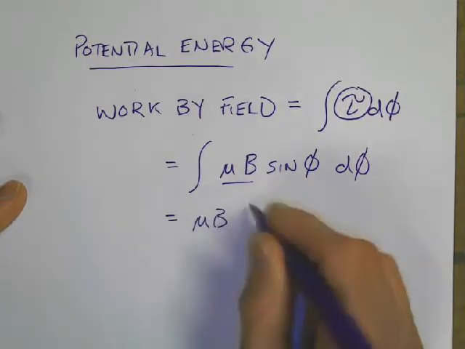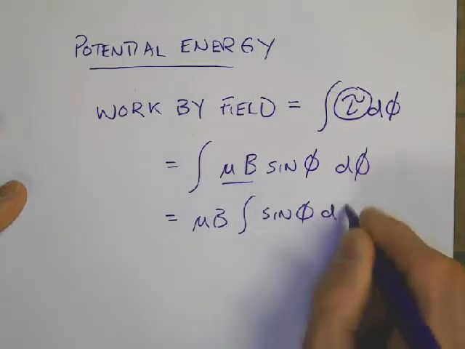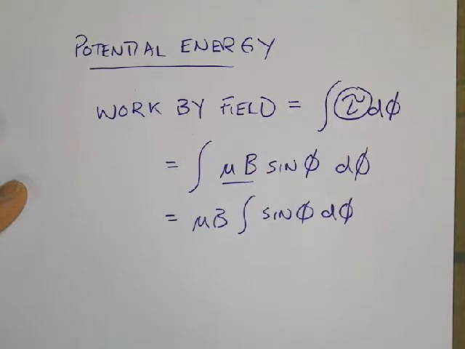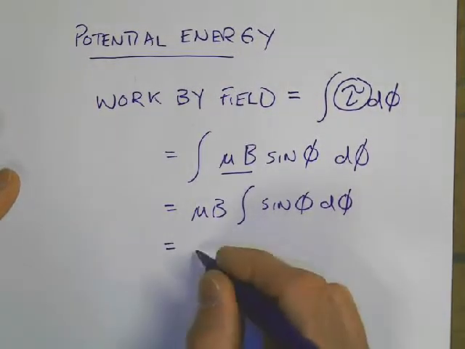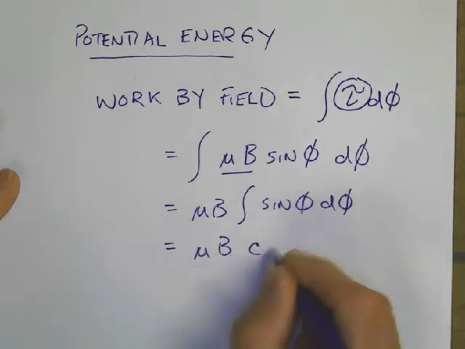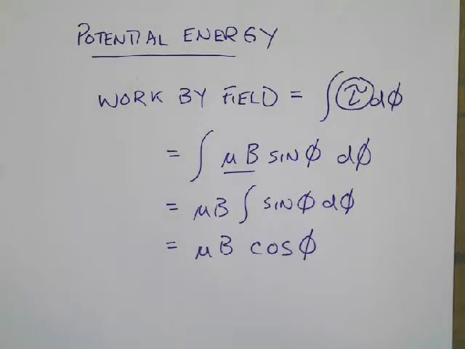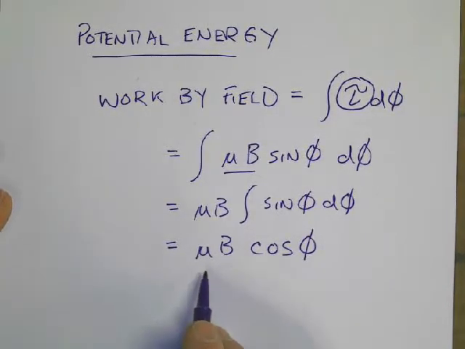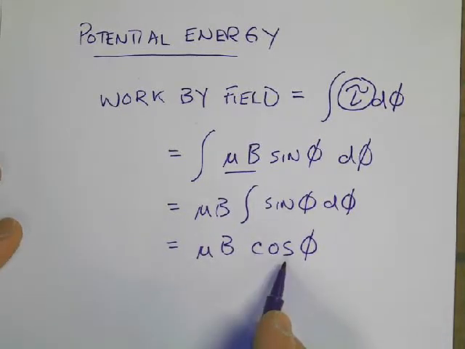So you've got mu B sine of the angle. And when you take the integral of that, of course, that just becomes cosine. Okay. So this is the work that's done by the field. It's the dipole moment times the field times the cosine of the angle.